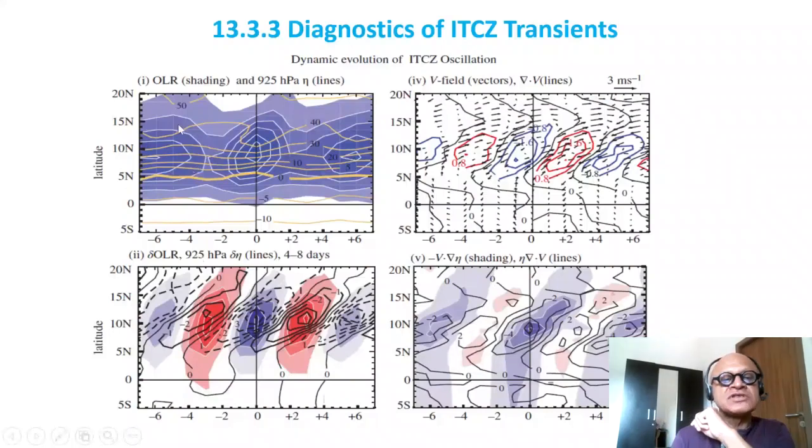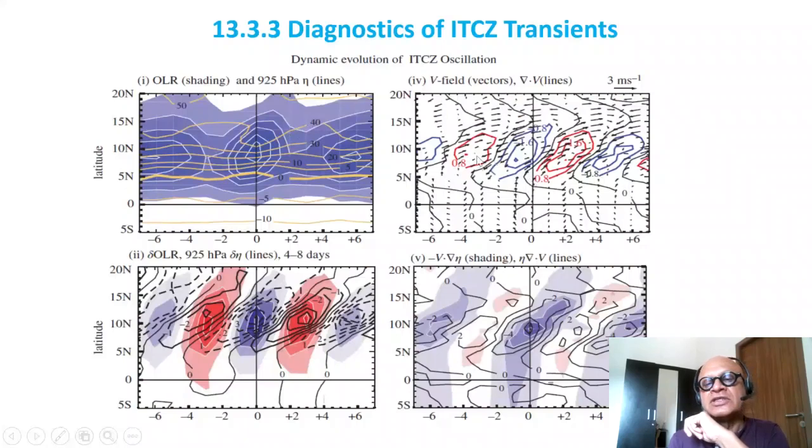The main story is again that you can clearly see the OLR convection from the previous cycle dying out, building up to the current cycle, and then dying out, and the corresponding movement of the vorticity lines, especially the zero vorticity line and the negative and positive vorticity lines on either side.